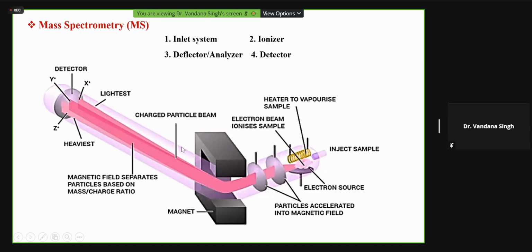Now then a magnet is used to select the certain velocities, and then they are passed through an analyzer, which also has a combination of electric and magnetic field, so that the different particles can get separated based on their mass by charge ratio into different components, and then they hit the detector, and the detector records the signal.